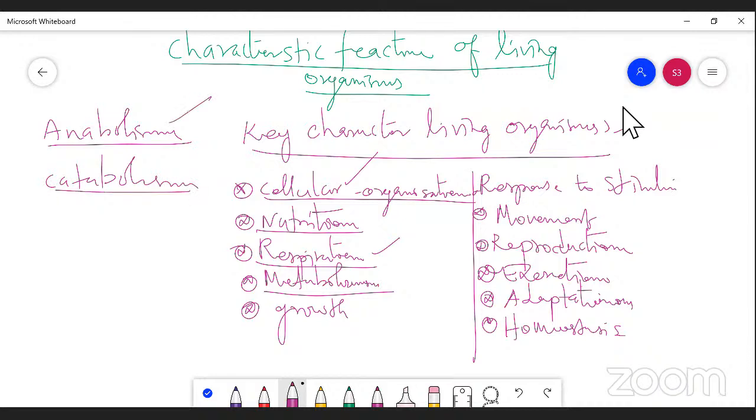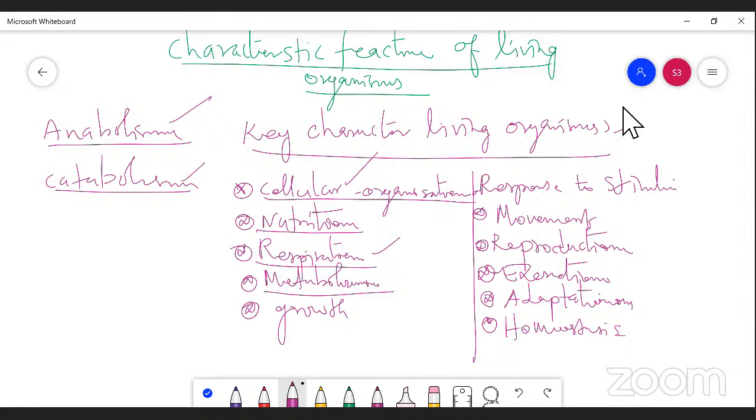Anabolism means formation of energy molecules, where larger molecules are built from smaller particles. The formation of energy molecules is called anabolism. And energy molecules may break down, one part giving energy and another part producing waste material, and that process is catabolism.